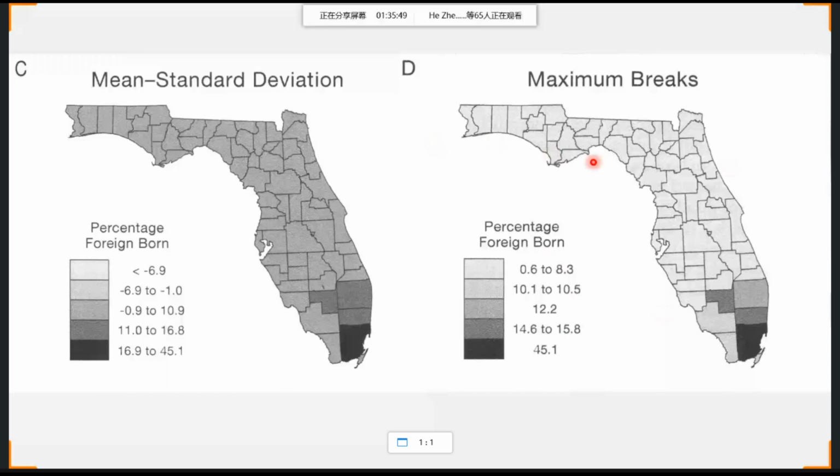They're in the same class, so it seems they have the same value. The value range you see here, you cannot see these differences. But it's based on the maximum breaks. So taking into consideration the number line, the distribution of all the data, this is a good solution. But if you want to have more details here, then it's better to use another method.